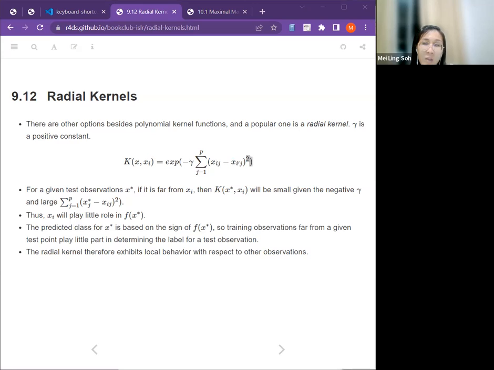By squaring it, we can also scale our influence. So gamma scales the amount of influence two points have on one another. Whenever gamma increases, the kernel value reduces. That's why when observations are far away from one another, they have less influence on one another.